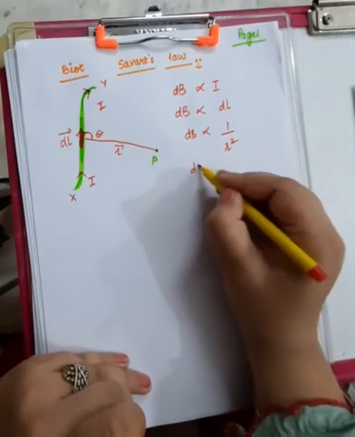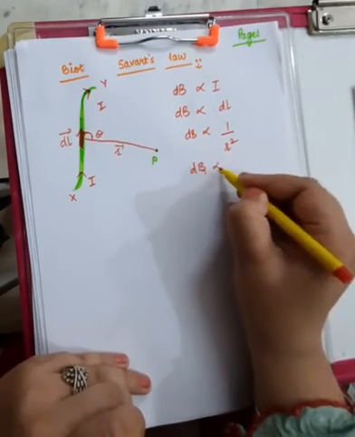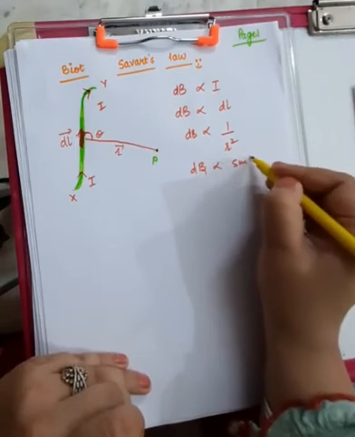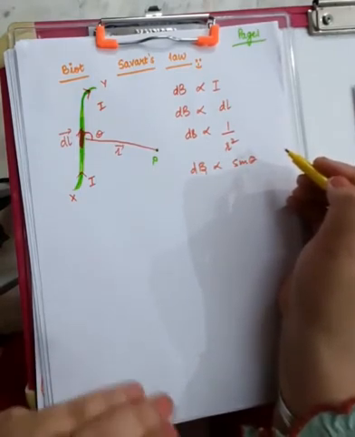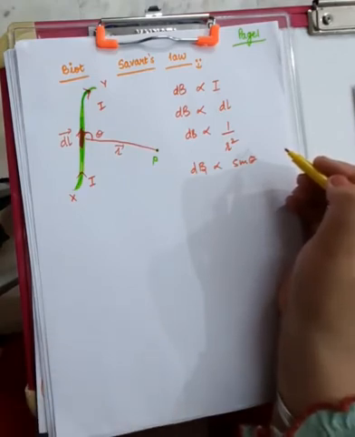Next is dB is directly proportional to sine theta. Remember that magnetic fields have special dependence on sine theta component and not on cos theta component, because magnetic field lines do not perform any work on the particle.